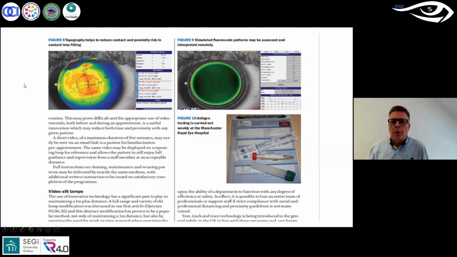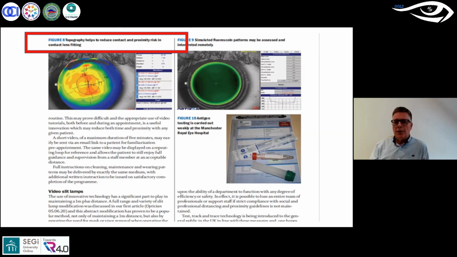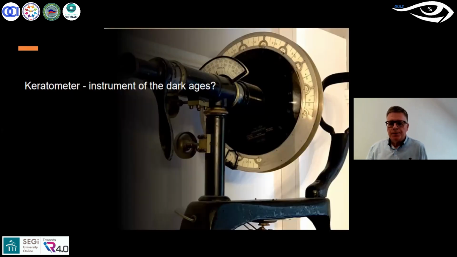But right at the top of this article, you'll see there that topography helps to reduce contact with the patient. We can spend less time with our patient, but we can still achieve a very successful level of contact lens fitting. And this is probably more important in 2021 than it was in 2019 when you saw that original image.